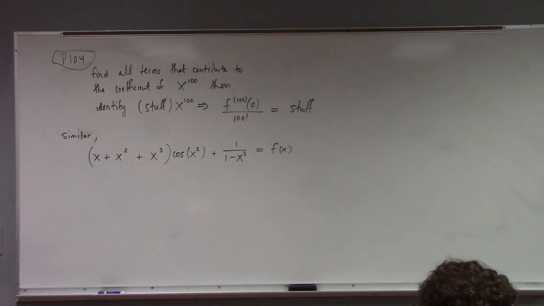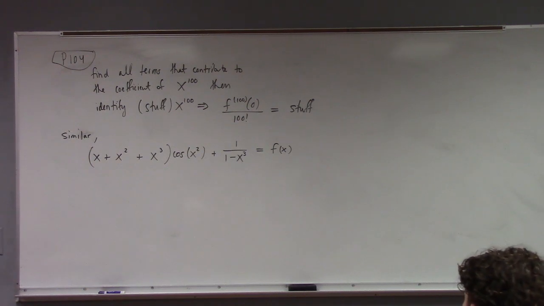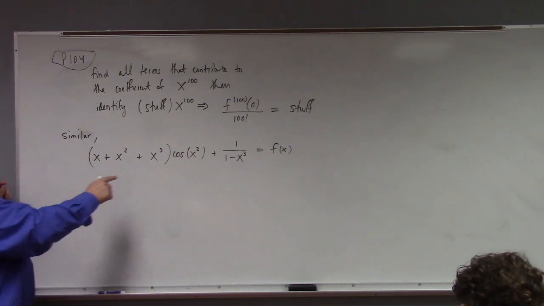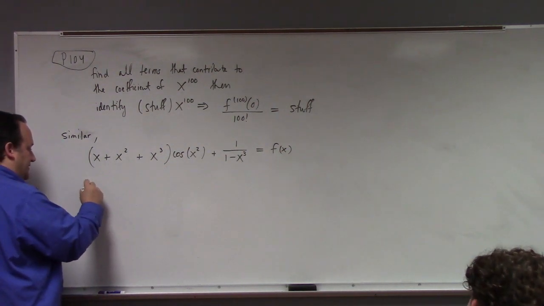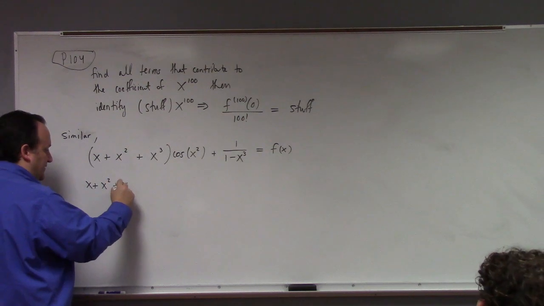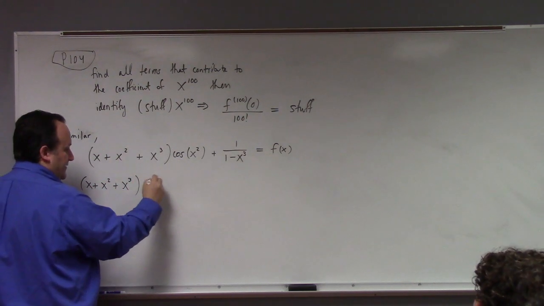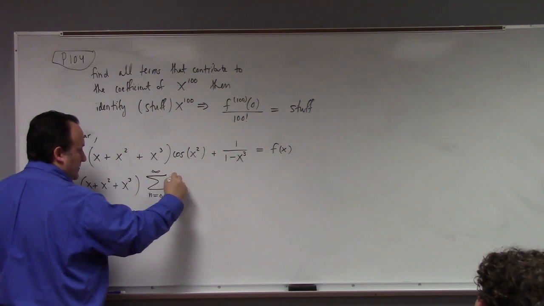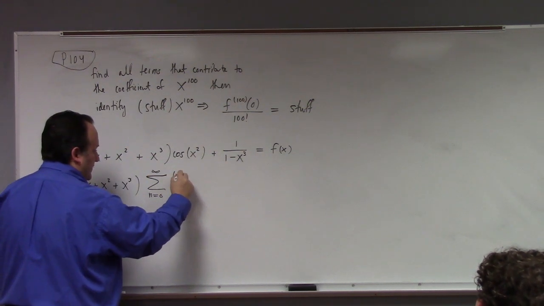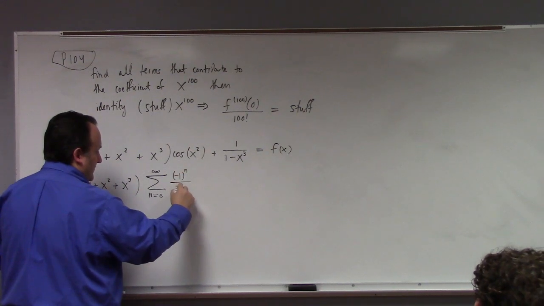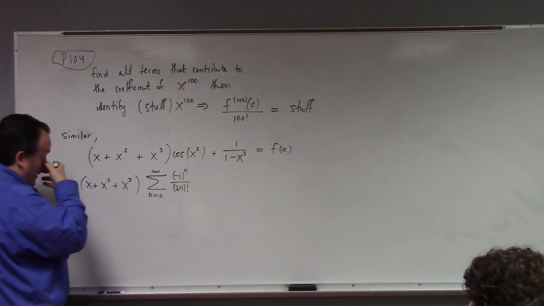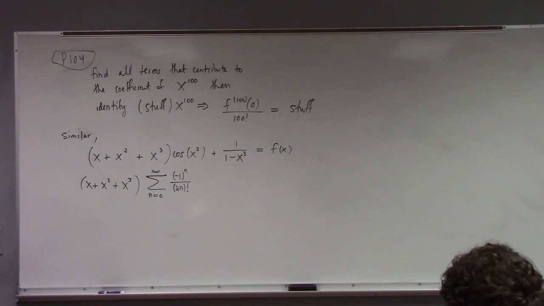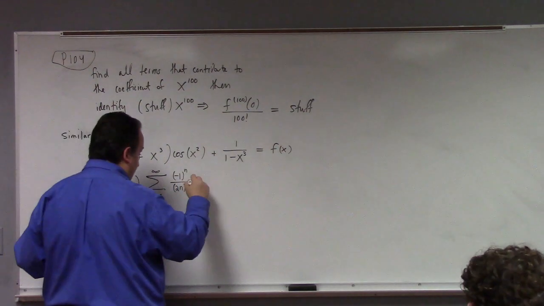So then you have to think about how I can get a Maclaurin term with x to the 100. This is x plus x squared plus x cubed. What's the Maclaurin series for cosine of x squared? Well, that's the sum n equals 0 to infinity of minus 1 to the n over (2n)!, and then I have x squared to the 2n, right? So I've got x to the 4n for this guy.